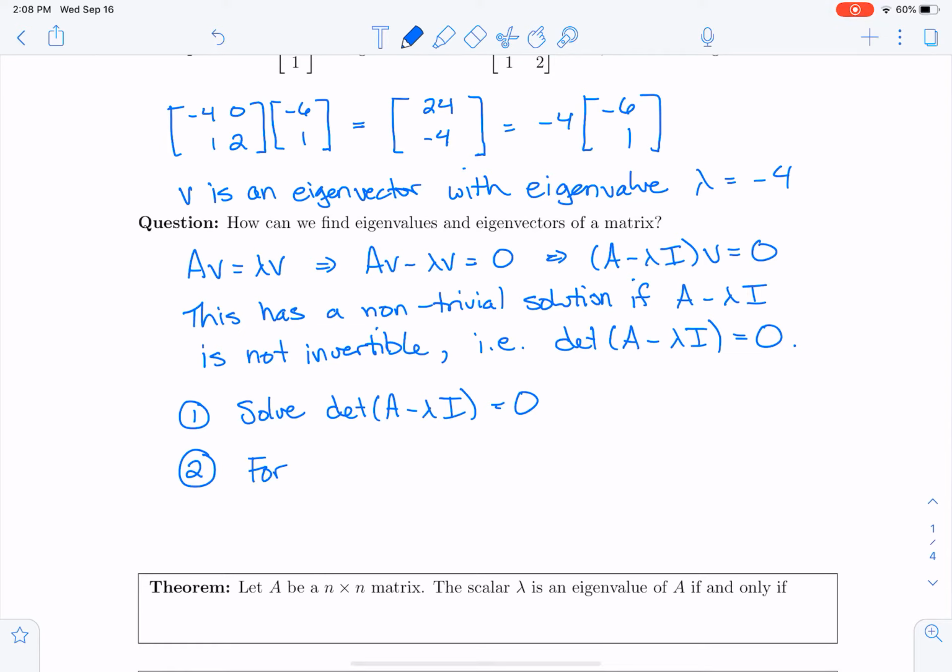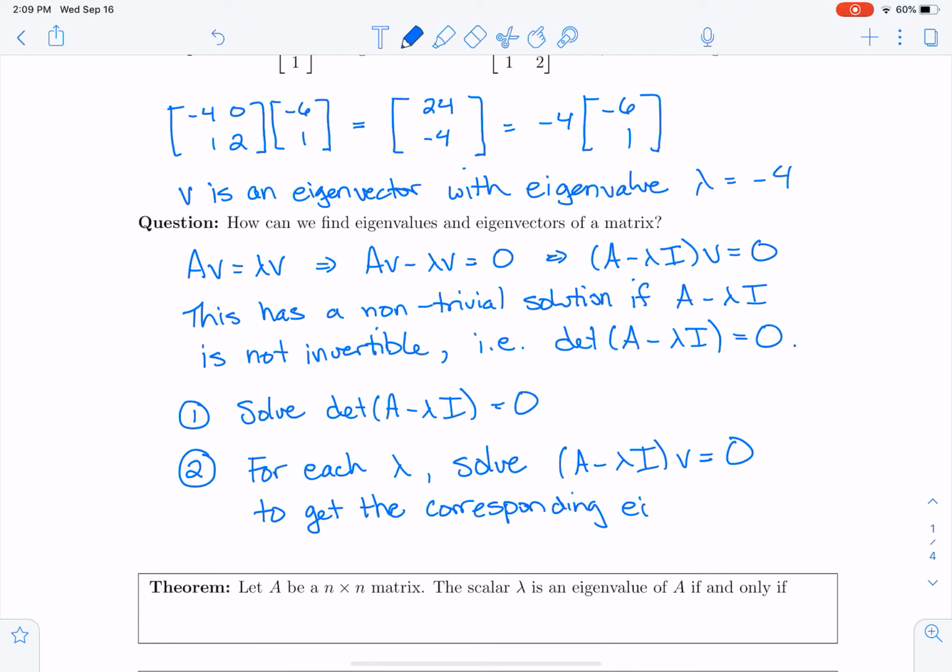So for each lambda, we can solve A minus lambda I times the vector V is equal to 0 to get the eigenvector. So here we obtain the eigenvalues, and then we solve A minus lambda I times V to get the eigenvectors.